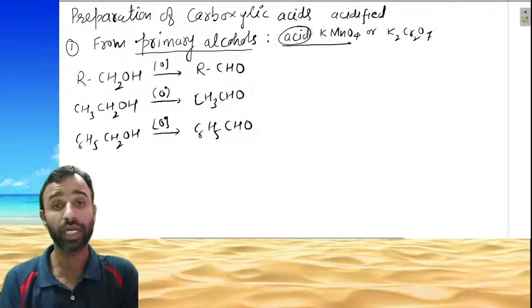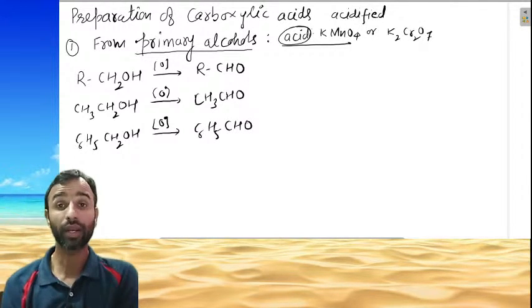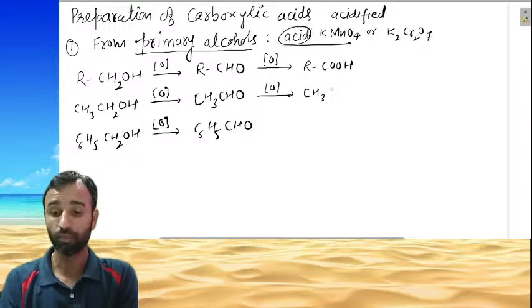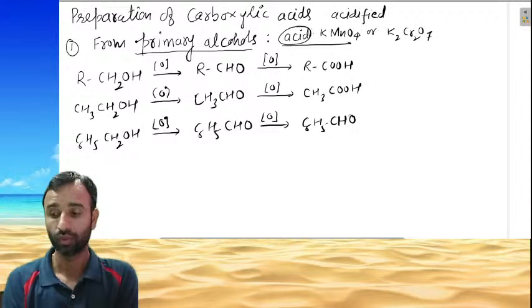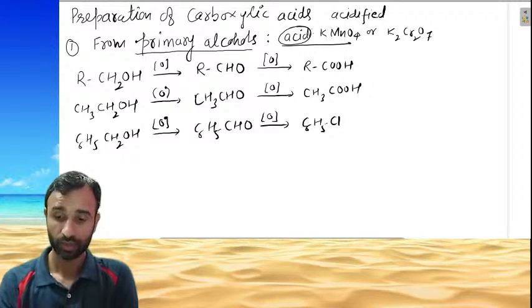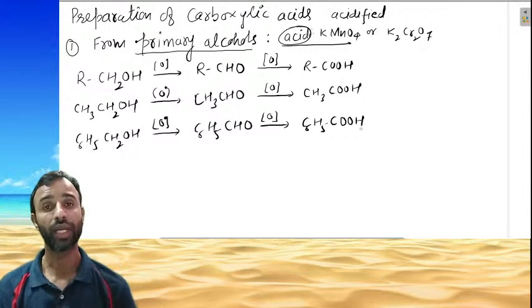If they are distilled at this point of time, then we can get the aldehyde. But if it remains in the solution, it is further oxidized to carboxylic acid, because both acidified KMnO4 and acidified potassium dichromate are strong oxidizing agents. The reaction will not stop at the aldehyde stage.